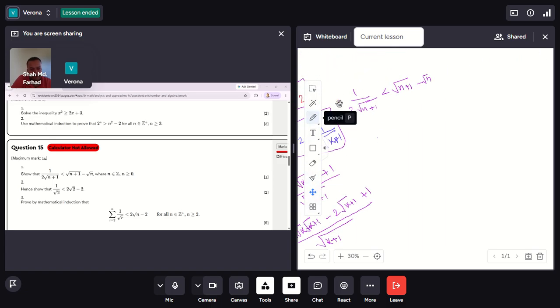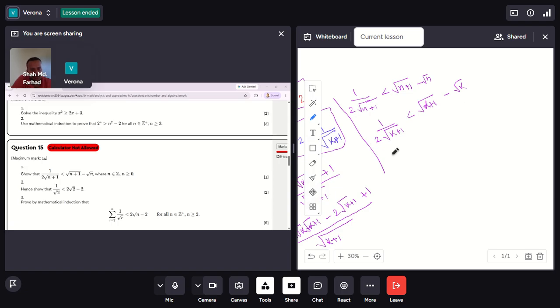Now if we substitute n by k, we get 1 over 2 root k plus 1 less than root k plus 1 minus root k.